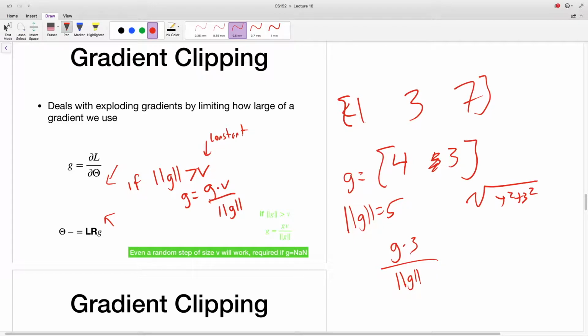That last approach sounds silly. It's like, why would you ever do random? But let's say you calculate, and you find that your gradient is not a number, or you have multiple things that are not a number. What are you going to do? So the idea is you just don't know. Pick something.